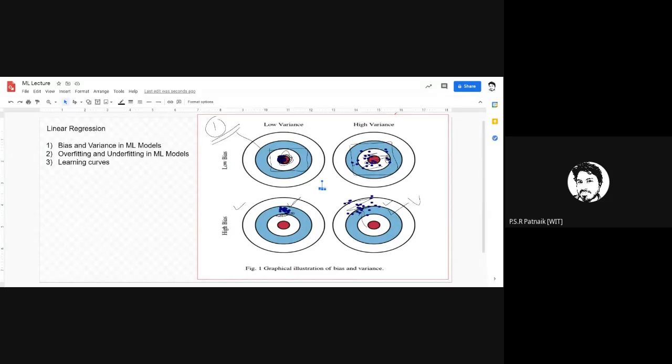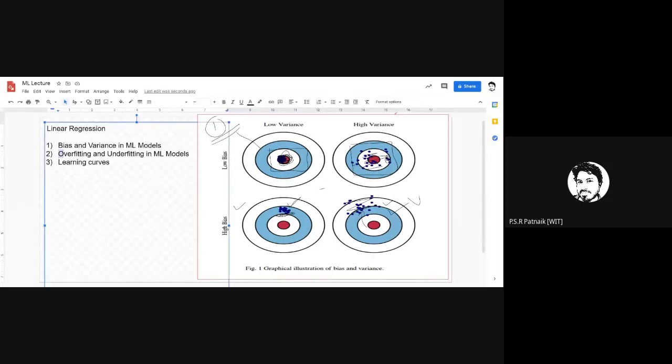Now, let me quickly explain the other remaining terms. We will be seeing them in tomorrow's lecture, but remember, the bias and variance you are looking at right now are something which happens after the ML model has learned from the data samples. As per our lecture, we want low bias and low variance.